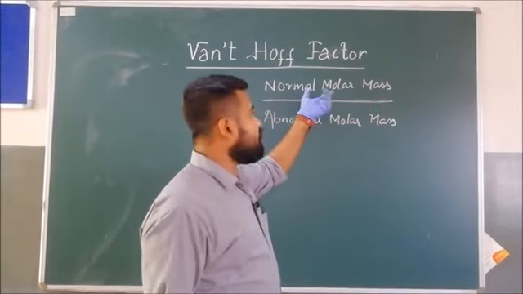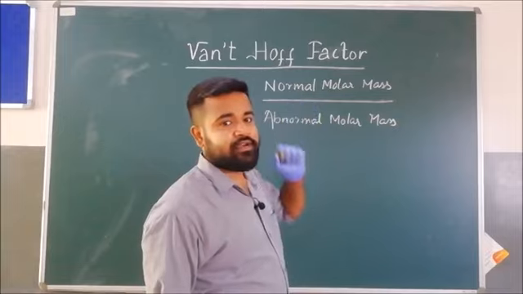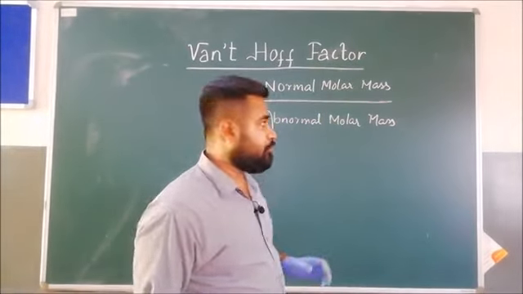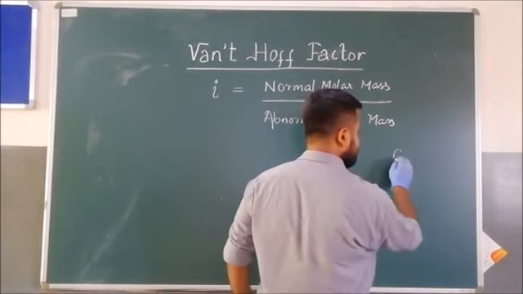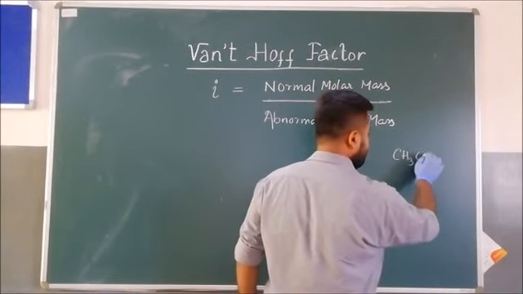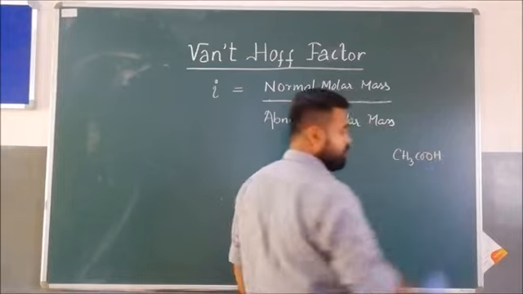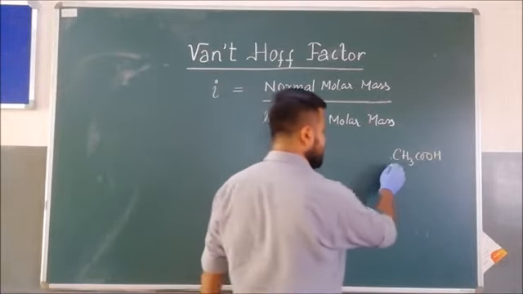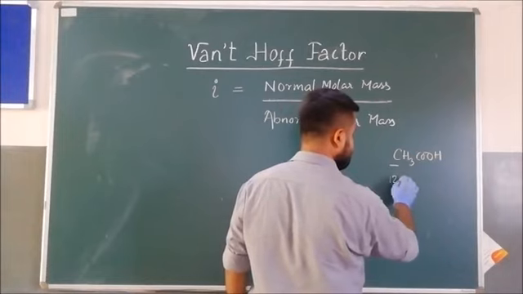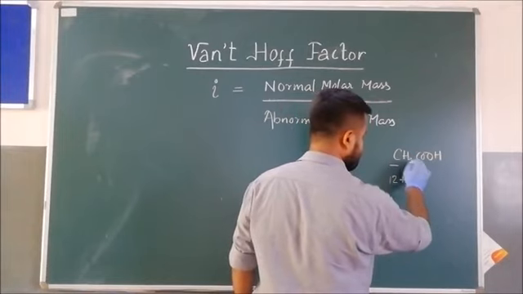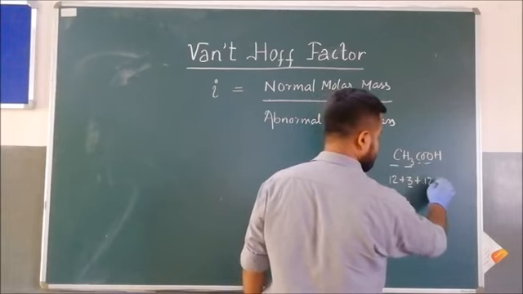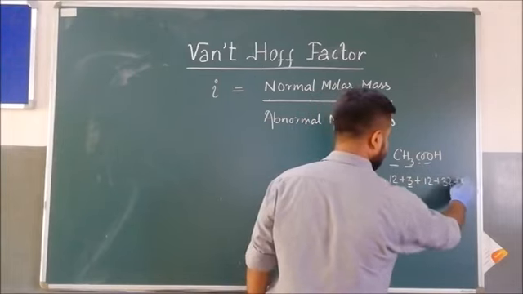Remember, normal molar mass is the calculated value from the formula. For example, take CH3COOH. From its formula, we have 12 plus 3 for the three hydrogens, plus 12 for the other carbon, so 24, plus 32 for the two oxygens, plus 1 for the last hydrogen.